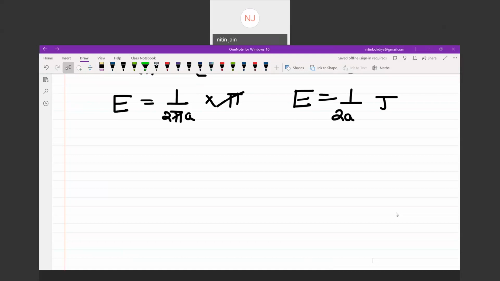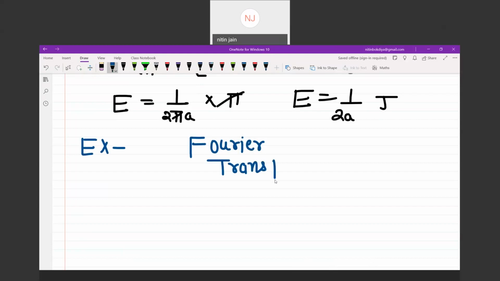Okay, so let's take some examples of Fourier transform. We are trying previous year questions of Fourier transform. And what is the first question?